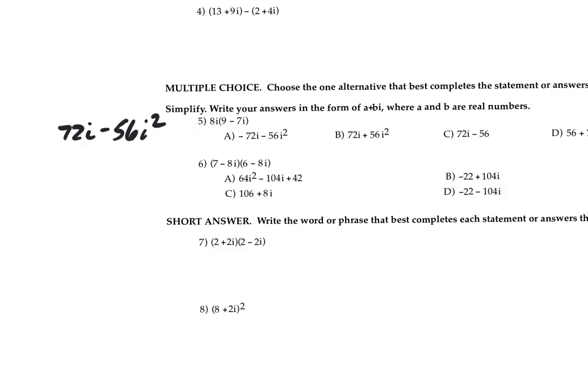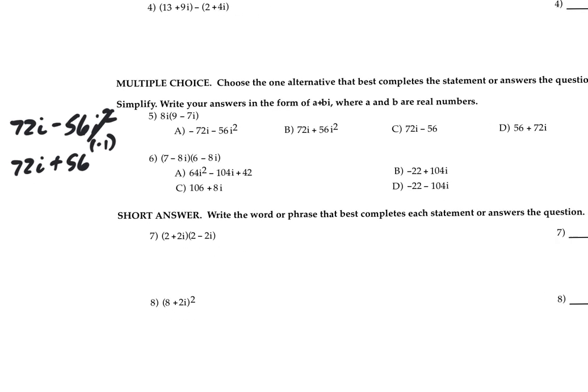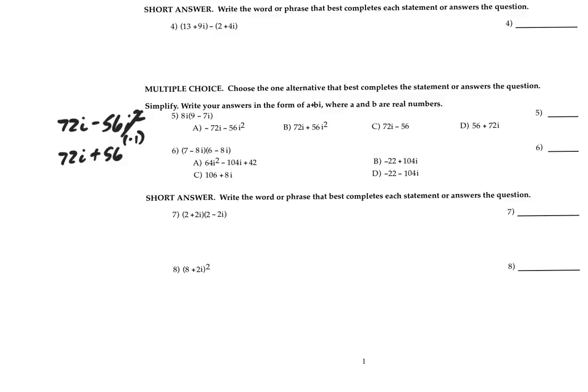Anytime we have an i squared, we never want to leave our answer with that. And so we're going to make this a -1. And so this makes this 72i plus 56. And we always put the 56 first. So then that would be D. So just remember the i squared. i squared is always -1.